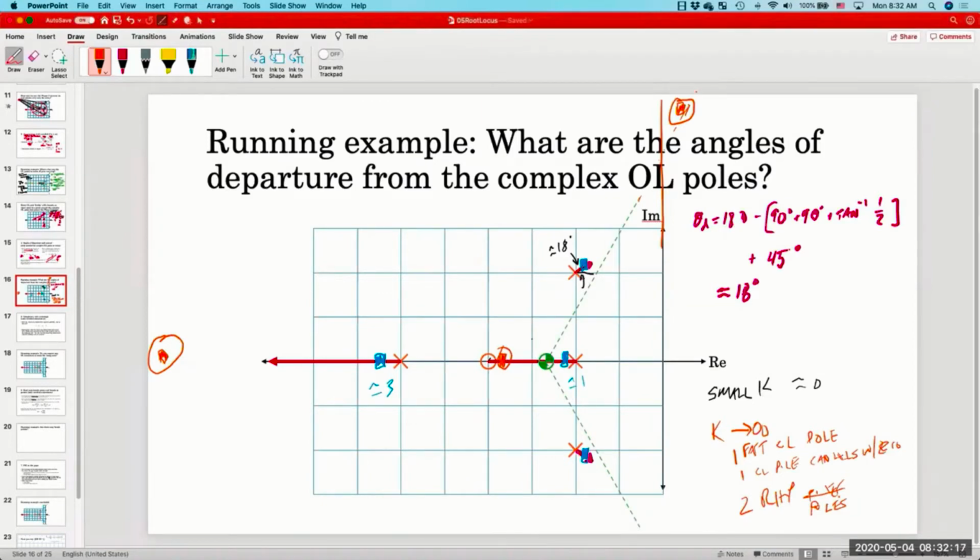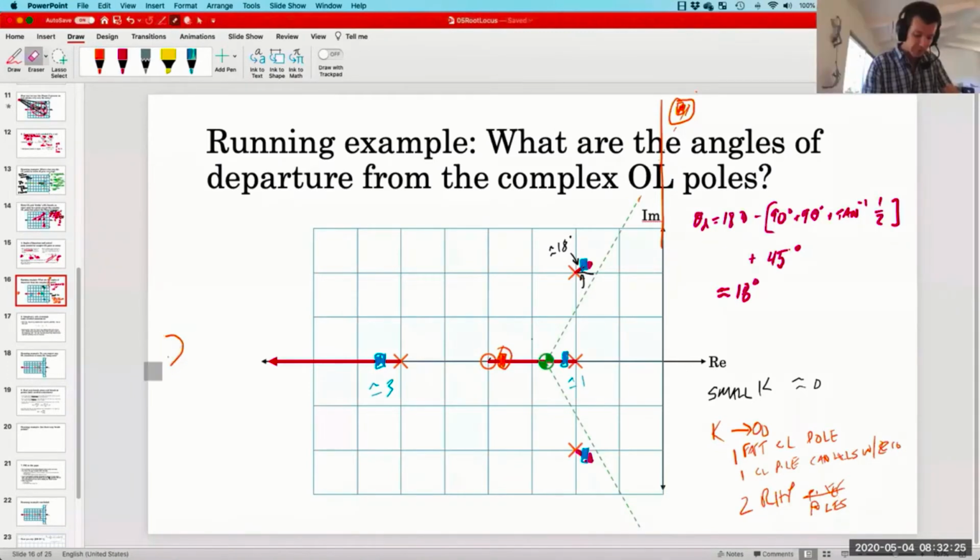In general, I want you to repeat. So this diagram is going to tell us the possible locations of closed loop poles as a parameter in the open loop transfer function varies, in this case, the open loop gain.